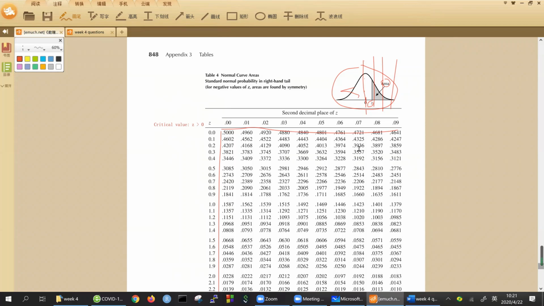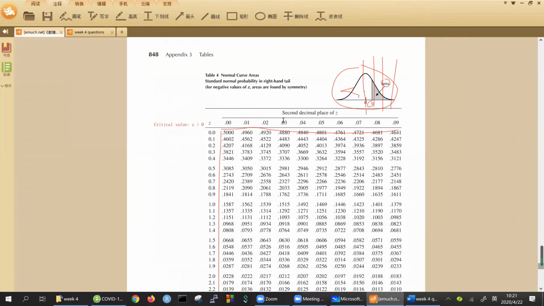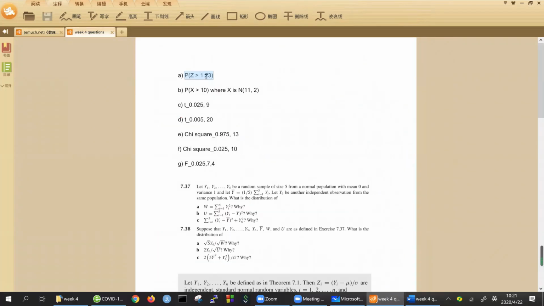So now, if we look at a practice question: we want to find the probability corresponding to a variable distributed as standard normal such that it exceeds 1.23. I want you to look first at 1.23, which is our critical value, right?